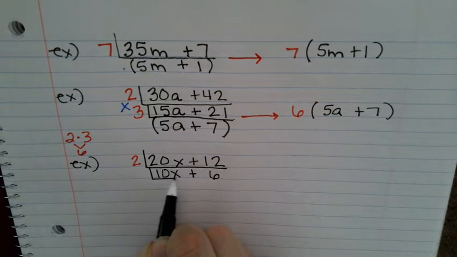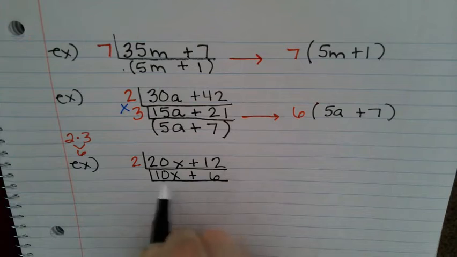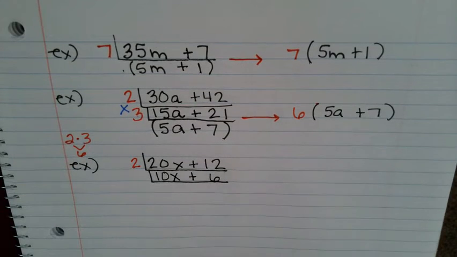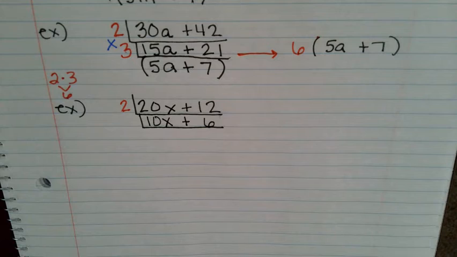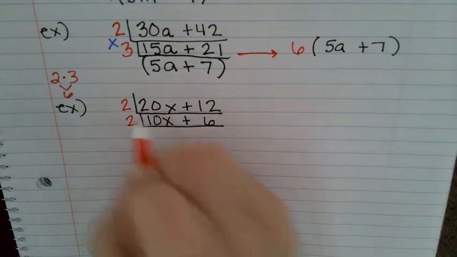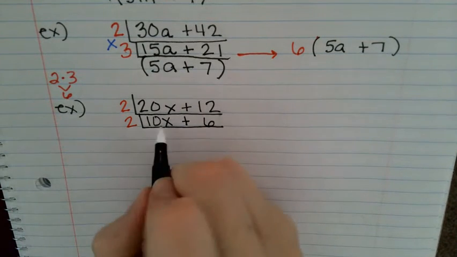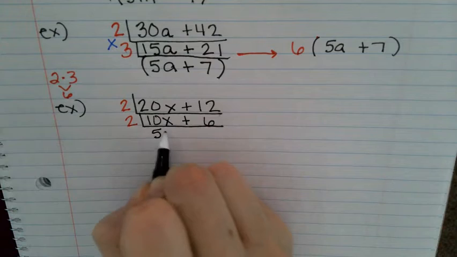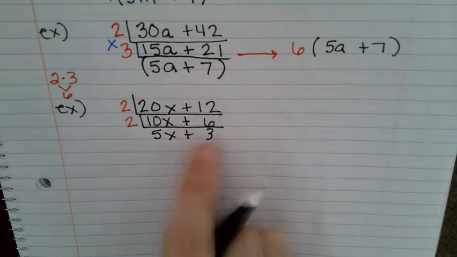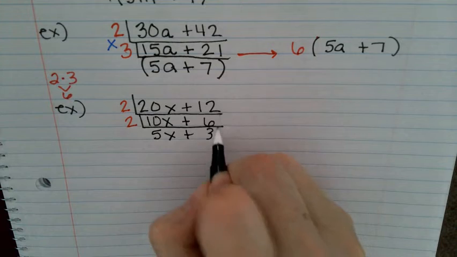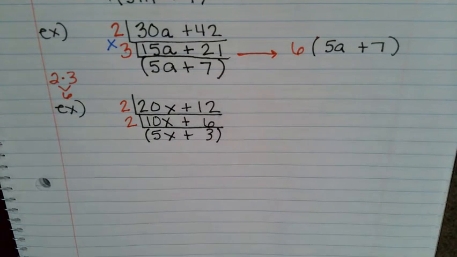All right, these guys are not mutually prime. They still have another common factor, and that common factor would be 2. Okay, 10x divided by 2 is 5x, and 6 divided by 2 is 3. 5 and 3 are mutually prime. They don't have any other common factors, so I can put the parentheses around.